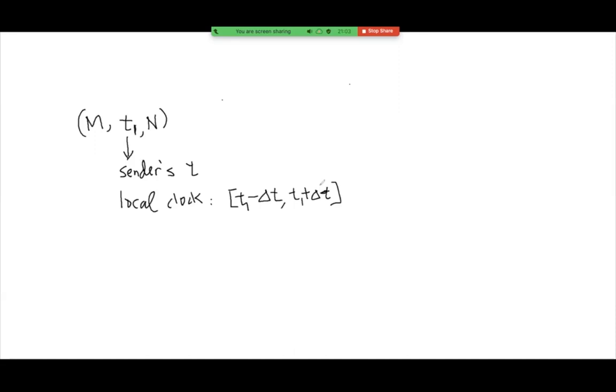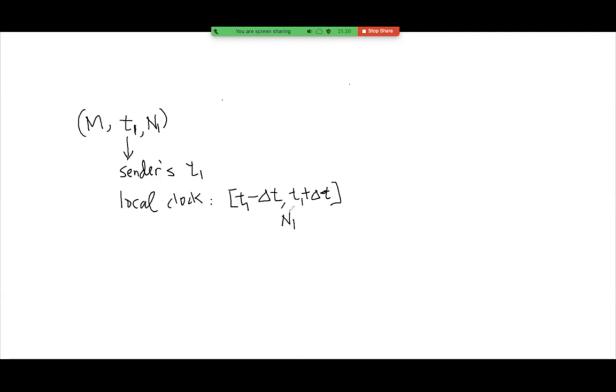So when I see this T1 on my local side, in this range, I need to keep N. So let's also put N1 here. Now, when is this N1 to be removed? In other words, how long would I need to keep this N1?